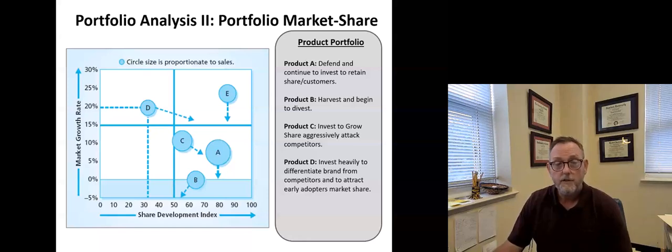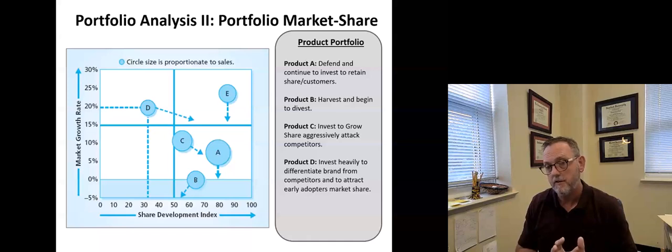Product D is an opportunity. It's a future product, tomorrow's future. It's something that's going to grow in the future for you, and you want to be able to invest so that you can grow your market share, but also ride that wave of popularity because it's still in the growth stages, and growth is happening rapidly in that particular product category.